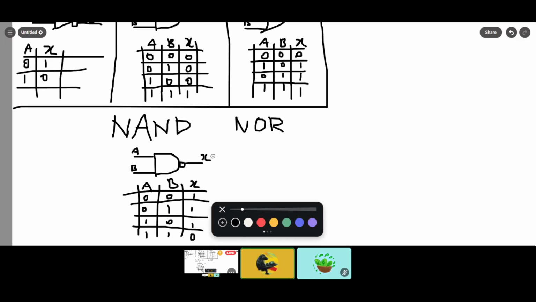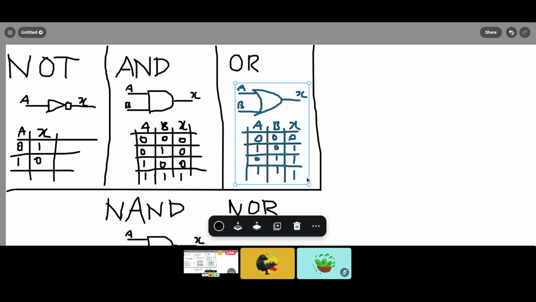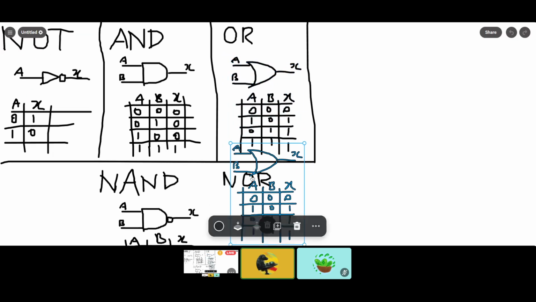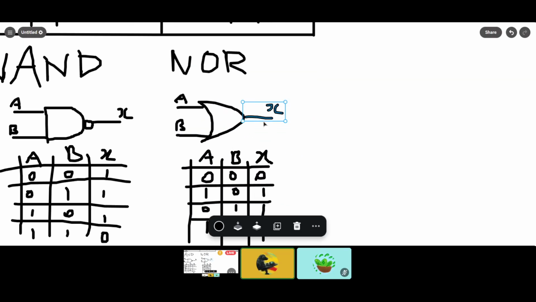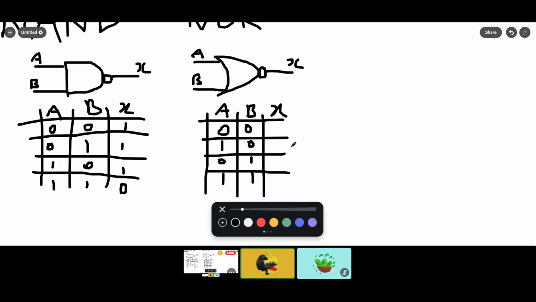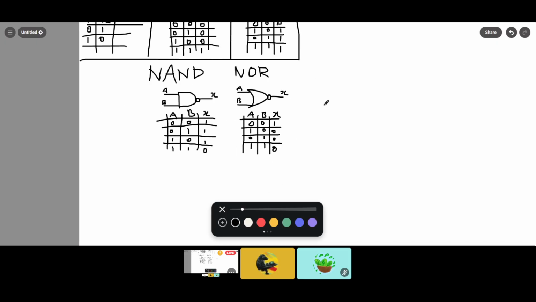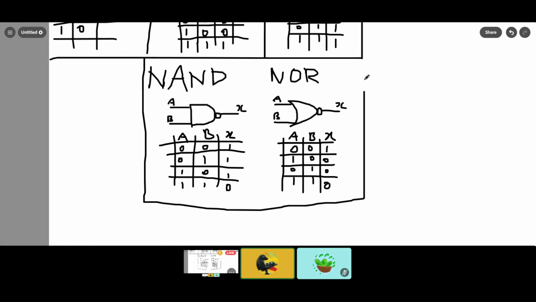Now for the NOR gate. Again, the symbol is pretty much the same except for this little ball at the tip. And if you couldn't guess, the output is just inversed. So instead of 0, 1, 1, 1, it would be 1, 0, 0, 0. And these are your NAND and NOR gates.